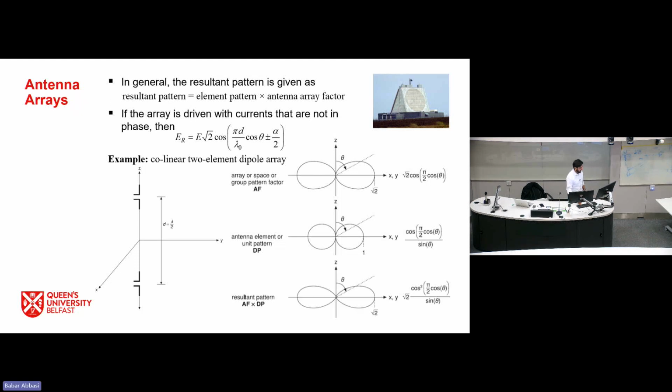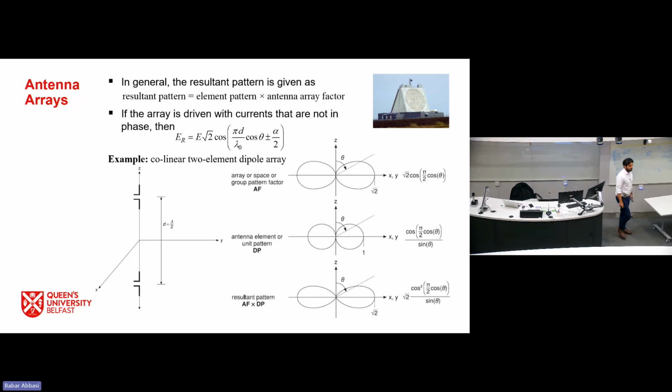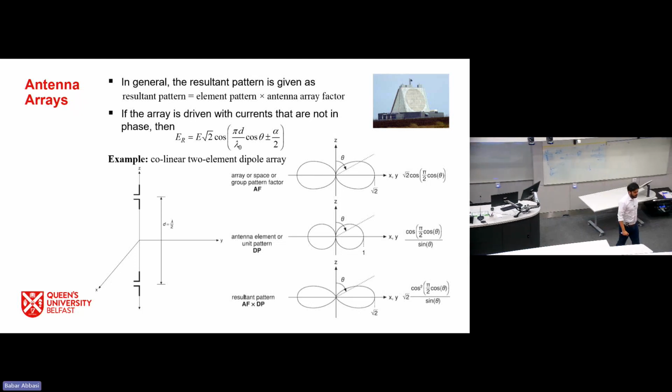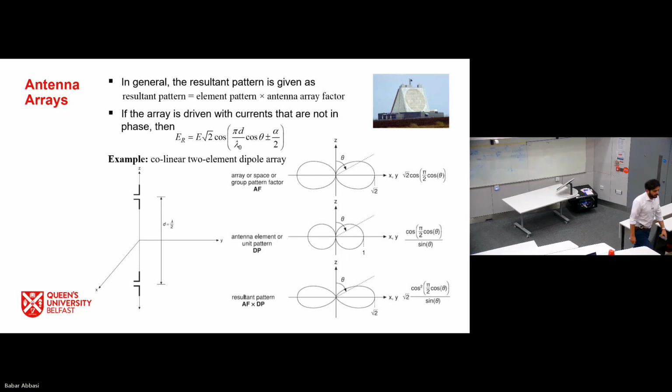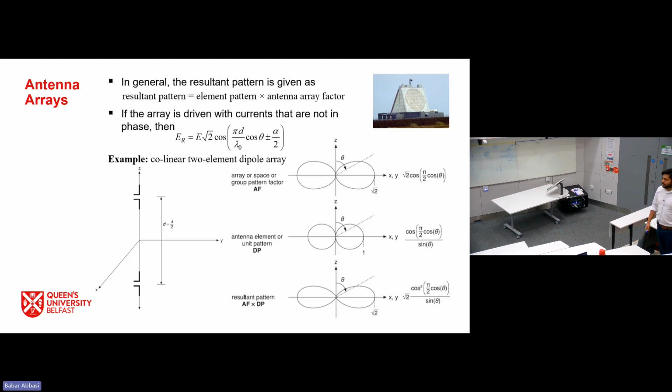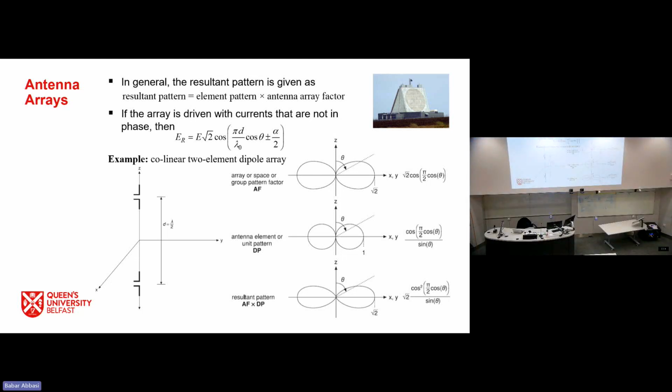So another very useful thing that we can do is tilt the beam, or steer the maximum directivity direction towards where we want it to be. So for example, now let's look at another equation which also involves a phase shift in addition to my cos(pi d over lambda naught cos theta) expression.